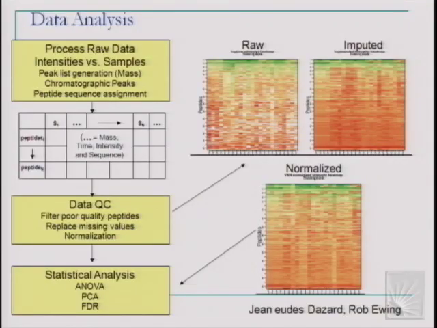And then finally, we need to normalize the data so that we ensure good normality and stabilization of variance across the data set so that we can move forward for statistical analysis. And once we've been able to do that, we then go ahead and perform ANOVA, PCA, and adjust for false discovery rates. And much of this work has been spearheaded by John Dizard and Rob Ewing in our labs.